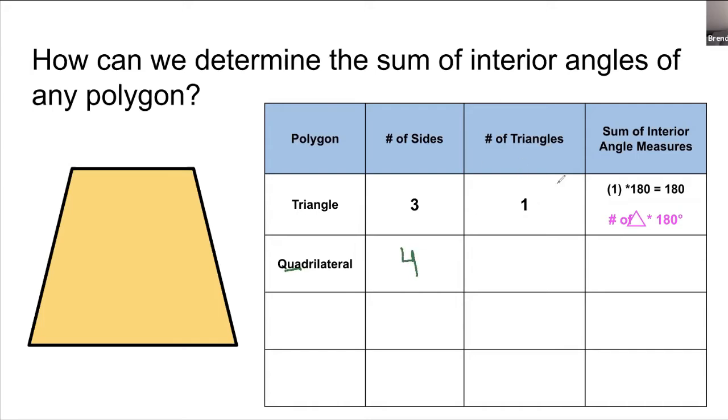Now for the number of triangles that we have here, we're going to pick one vertex, and from there draw several lines that are going to cut our shape into several segments. Perfect. Okay, so from here, I'm going to choose this vertex that I'm going to start with.